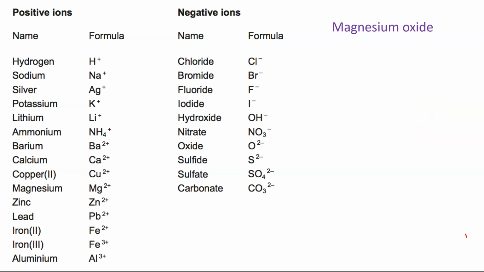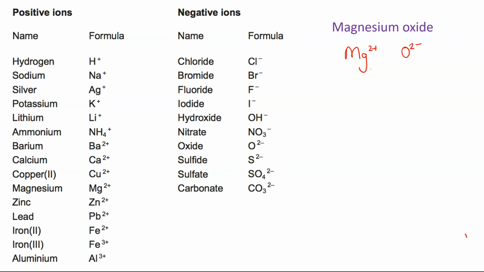So the next one we're going to try is magnesium oxide. If you look on the left hand side column, you'll find magnesium, which is Mg2+, and oxygen, which is on the right hand side, or oxide, sorry, is O2-. Now what we're interested in is whether these charges will cancel each other out.